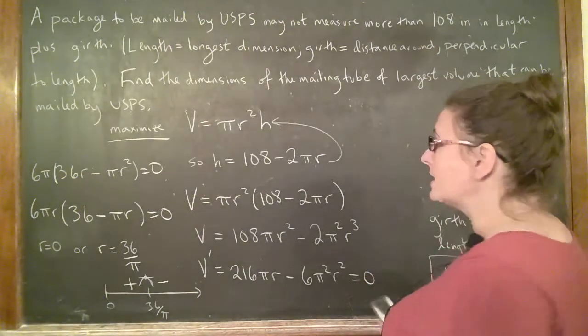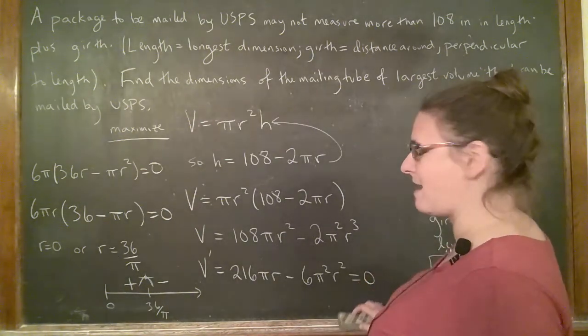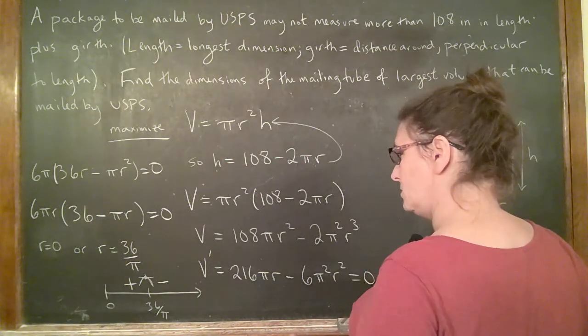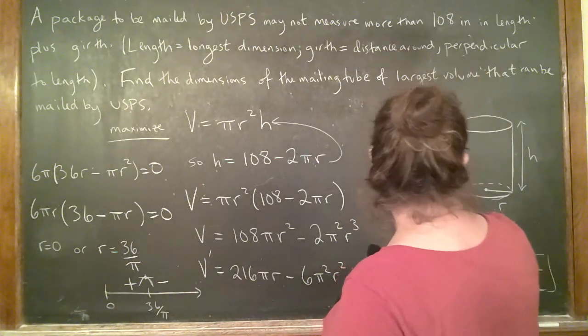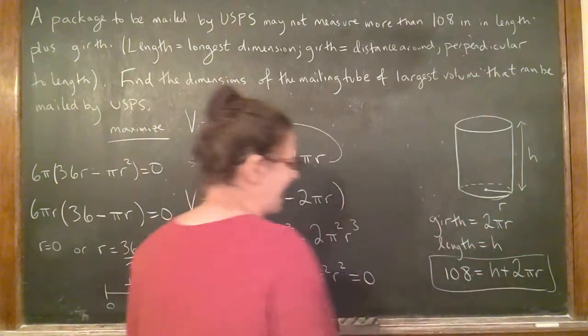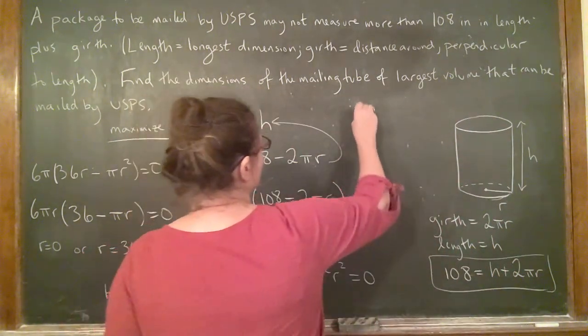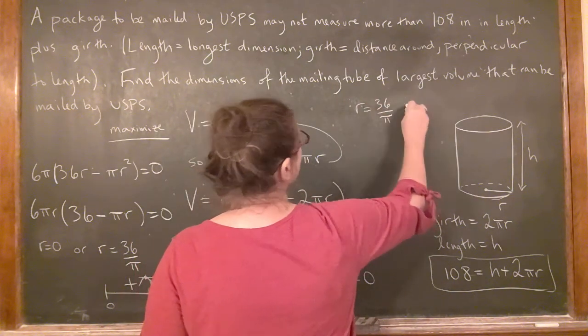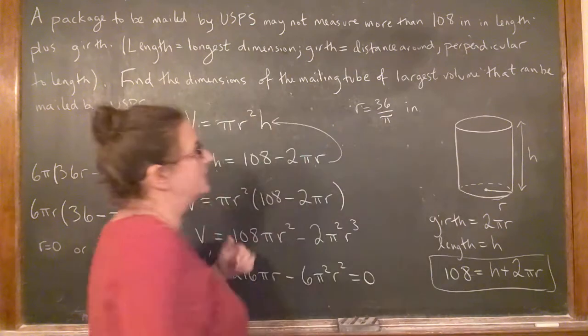So then what is the question? I've found my r, and it asks you for the dimensions. So I have r equals 36 over pi, and it's in inches because the original thing was in inches.